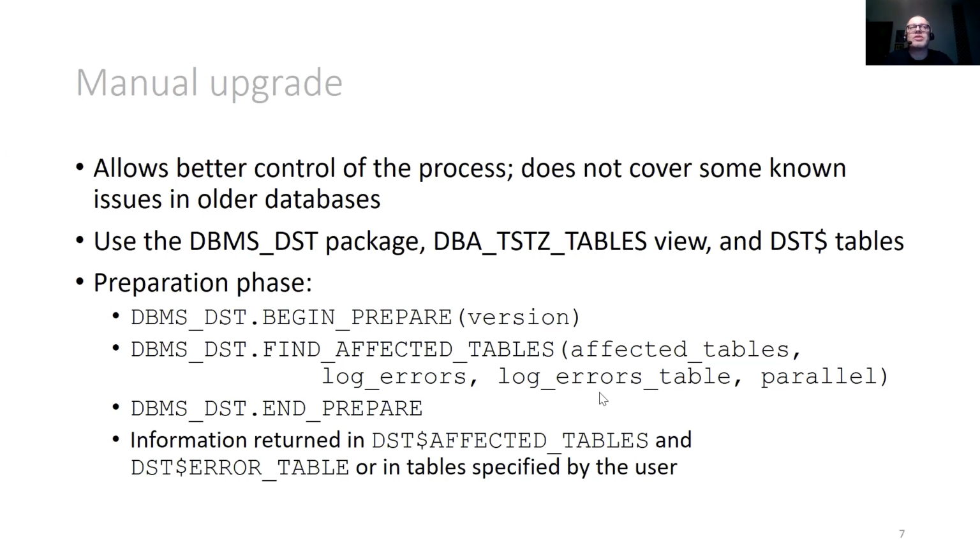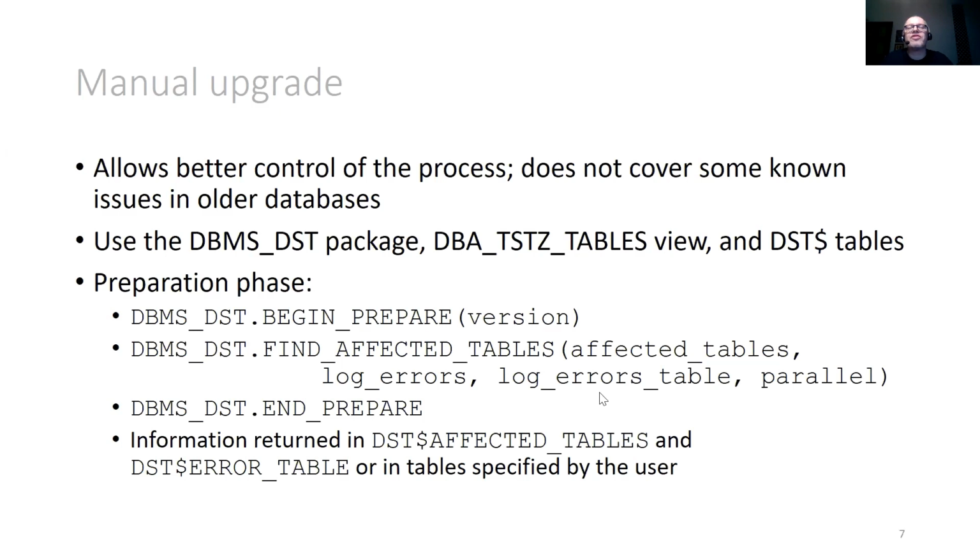For the manual process, you use the DBMS_DST package, the DST$ tables, and the DBA_TSTZ_TABLES view, which tells you which tables still need upgrade. The DST$ tables are where the check process or the upgrade process will write down errors, or tell you which tables are actually affected by the upgrade process.